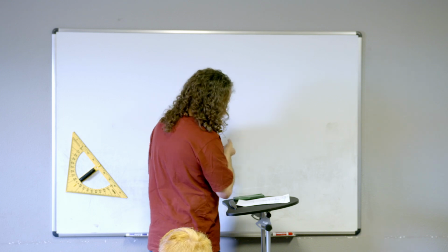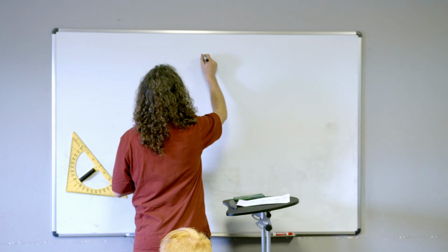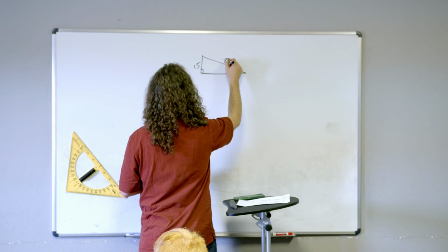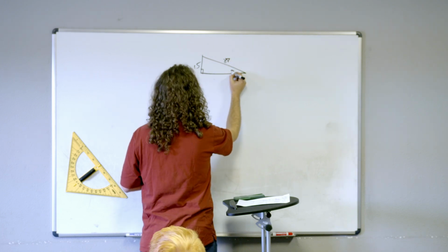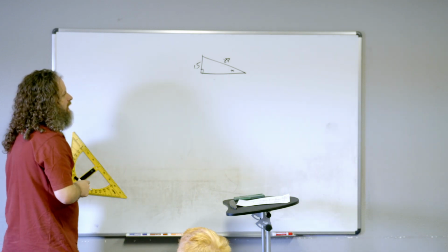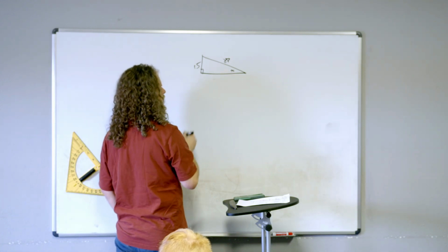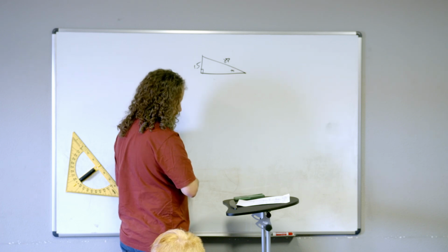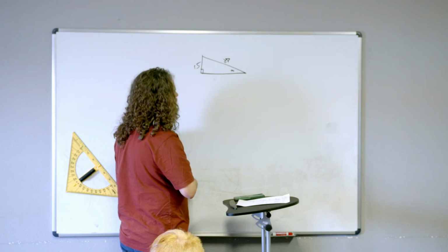What are we doing? 3? 3. Okay. So x. What trig function is this? Sine. We're looking for the angle, so what do we need to use? Sine x equals 15/88.